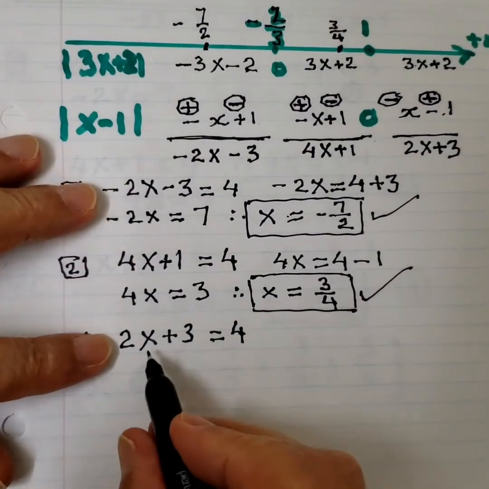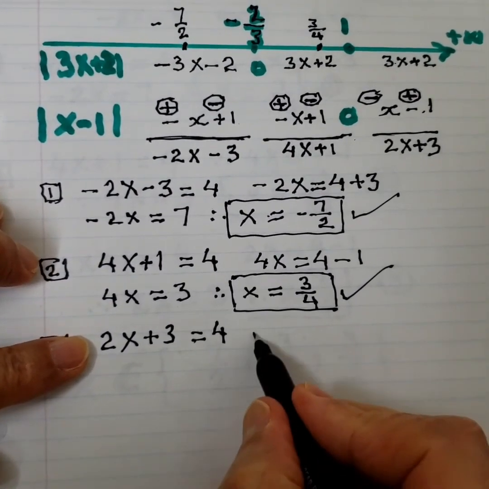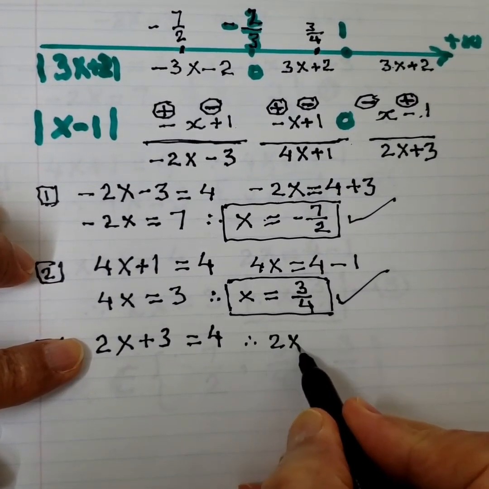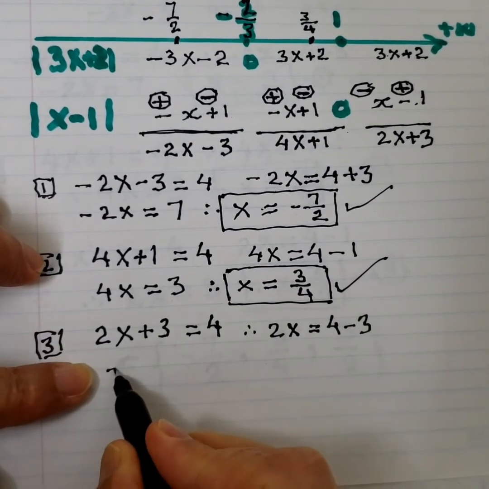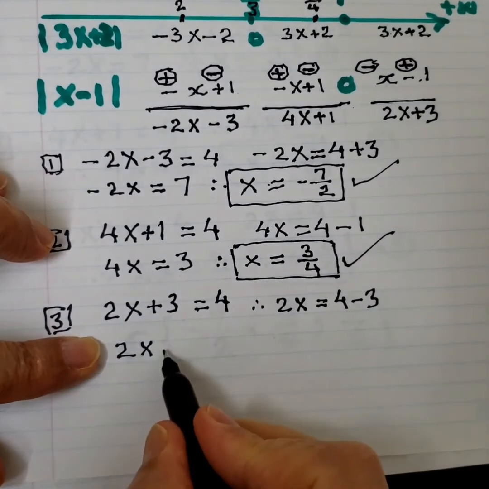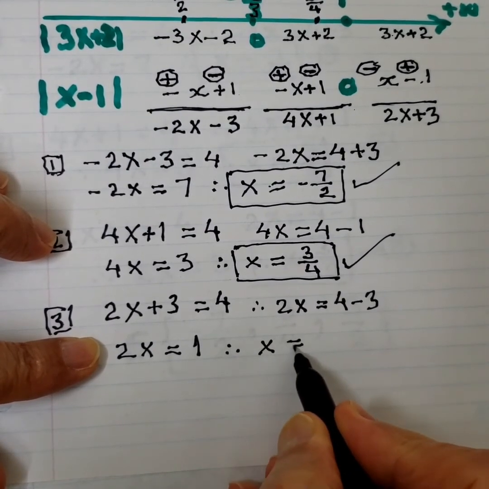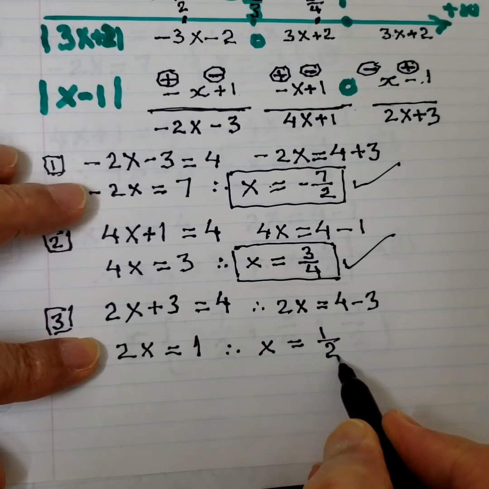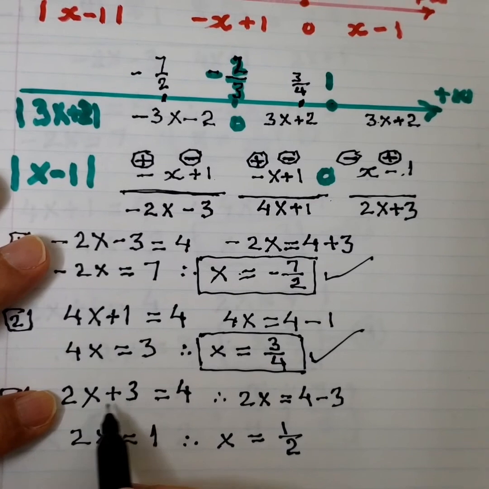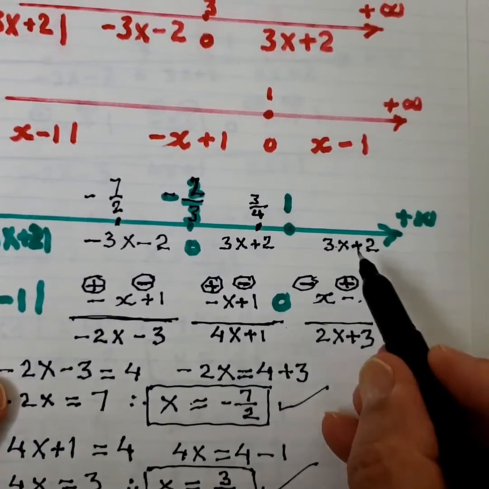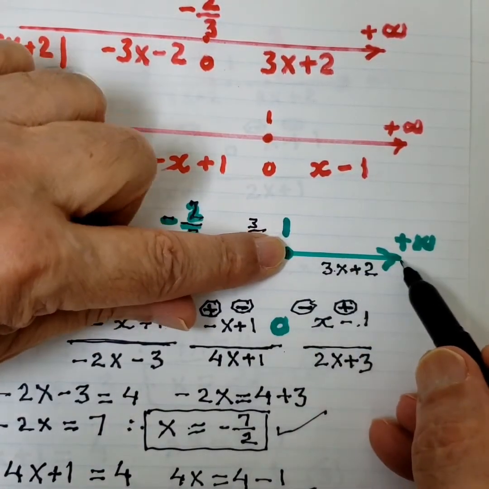Go to the third rule. 2x plus 3 is equal to 4. That means 2x is equal to 4 minus 3. Then 2x is equal to 1, which means x is equal to 1 over 2. It should lie in the interval relating to this rule. Here this rule is here, its interval from 1 to infinity.